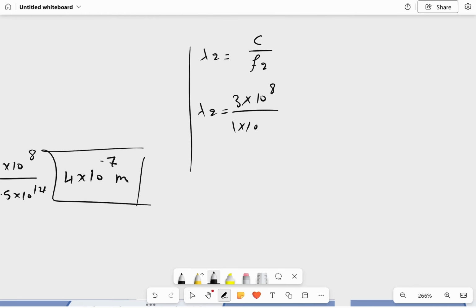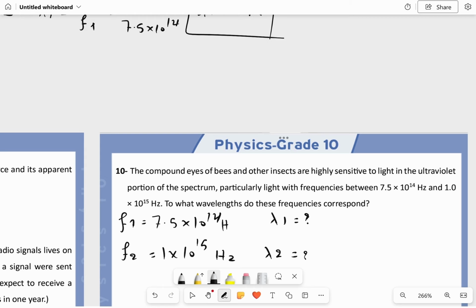Divided by 1 times 10 to the power of 15. Let's calculate this. We have 3 times 10 to the power of minus 7 meter. You can also change that to nanometers. It becomes 300 nanometers. We found lambda 1 and we found lambda 2.